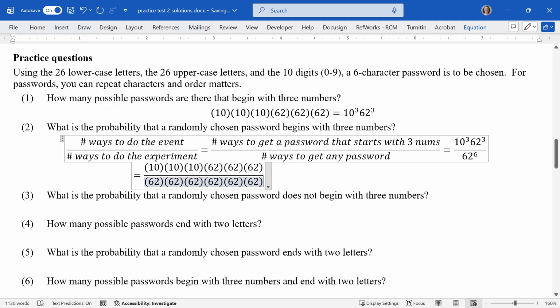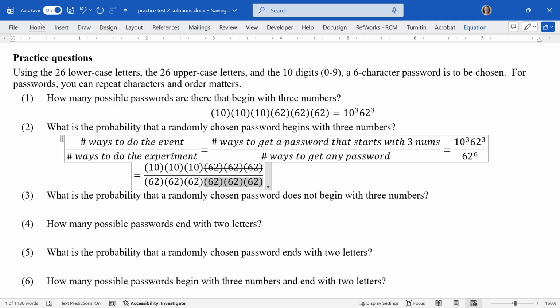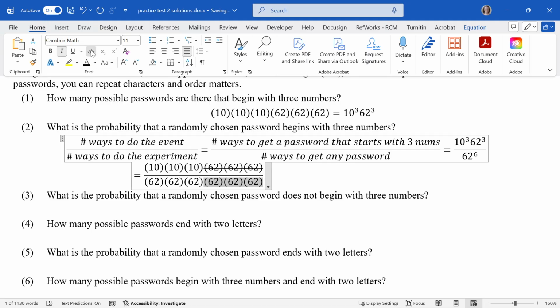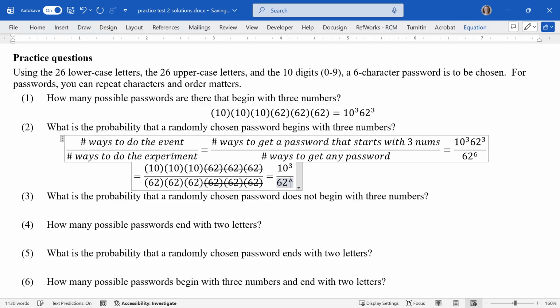You could cancel these 3 62s right here with these 3 down here if you want to. You don't have to. I don't typically ask anyone to simplify answers in my classes because it's not an arithmetic class. But if you wanted to do this, you could.